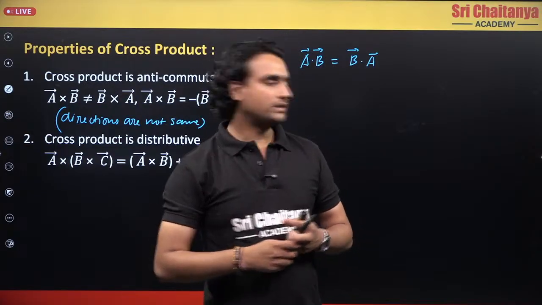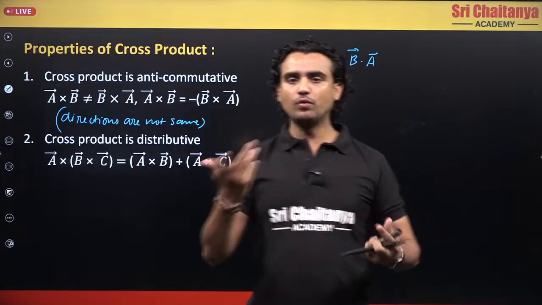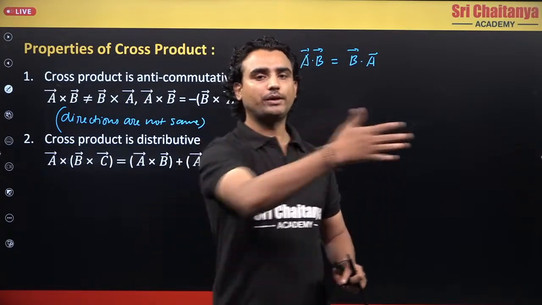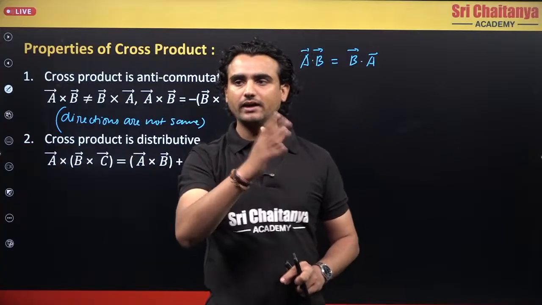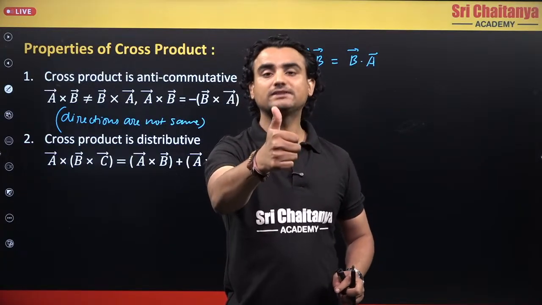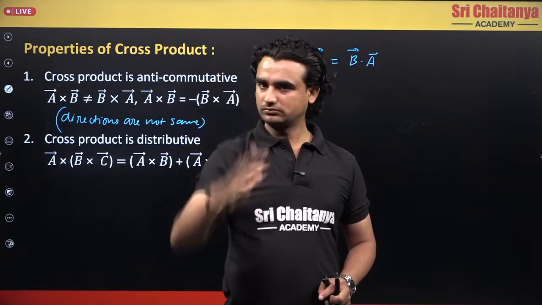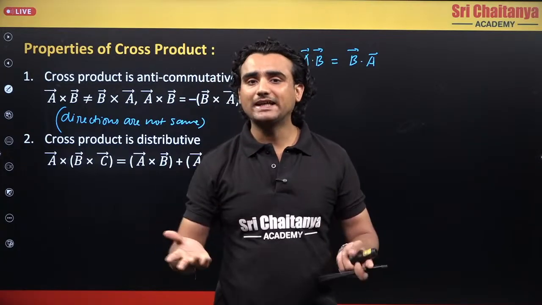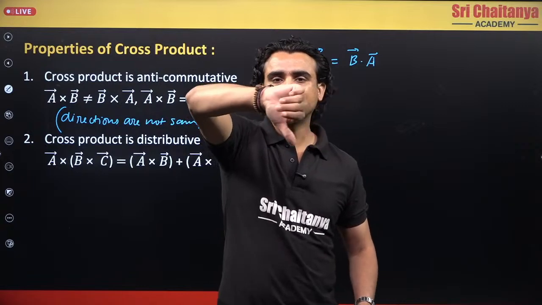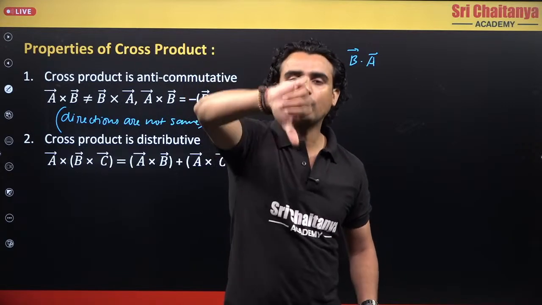Do you understand? Suppose I have two vectors, one vector a pointing towards you and b vector pointing in this direction. If I want to find a cross b, what is the direction? In the upper direction, correct? But if I find b cross a, what is the direction? I am getting the downward direction.